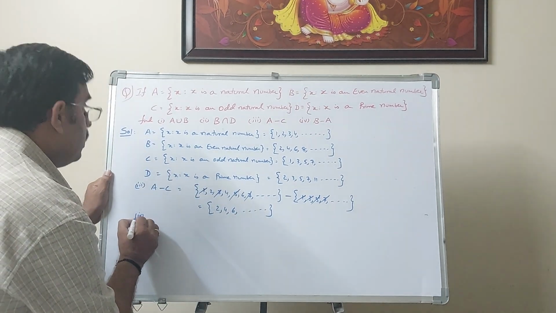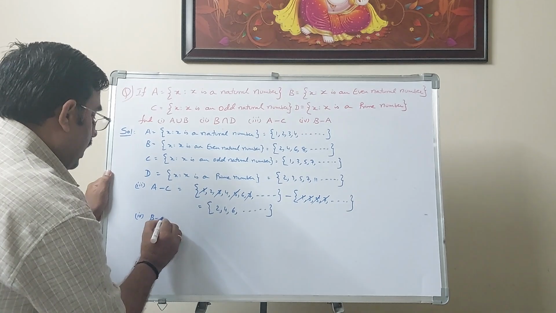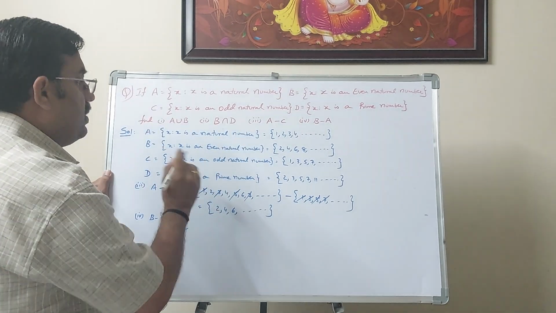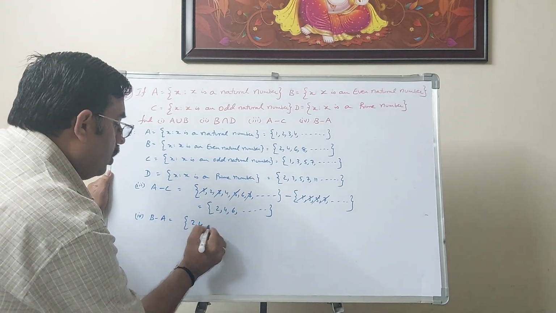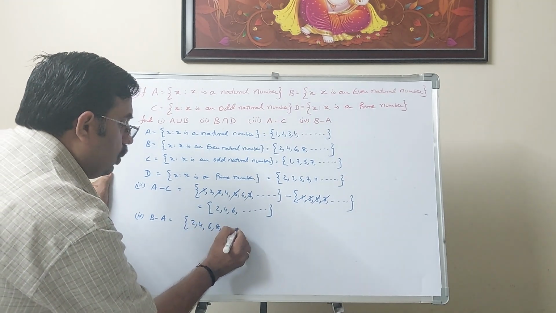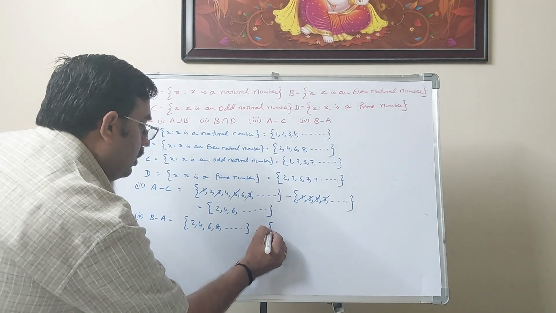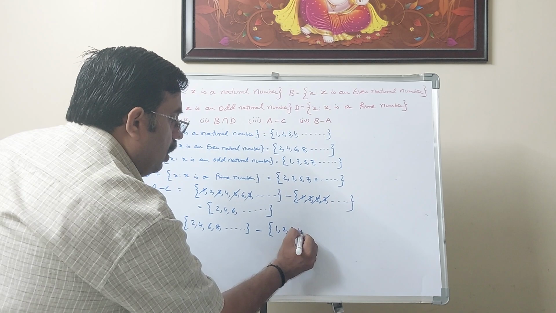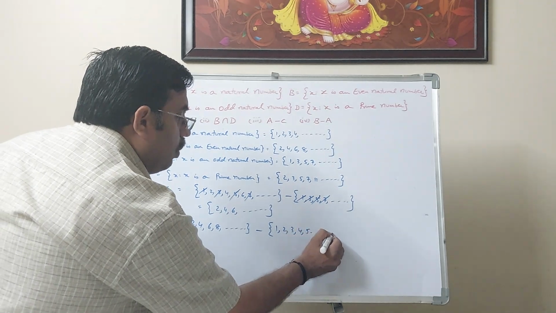The fourth one is B minus A. What are the elements of B? B is 2, 4, 6, 8, and so on. Minus A is 1, 2, 3, 4, 5, and so on.